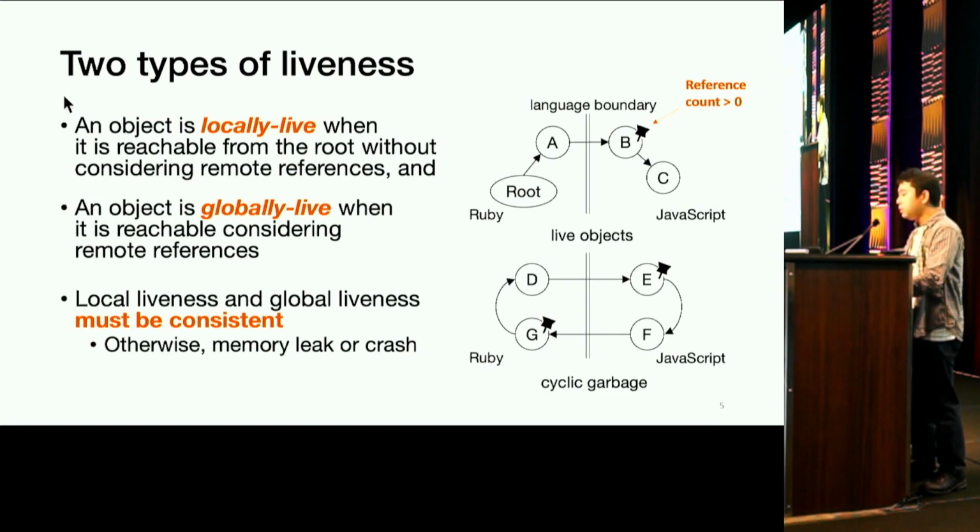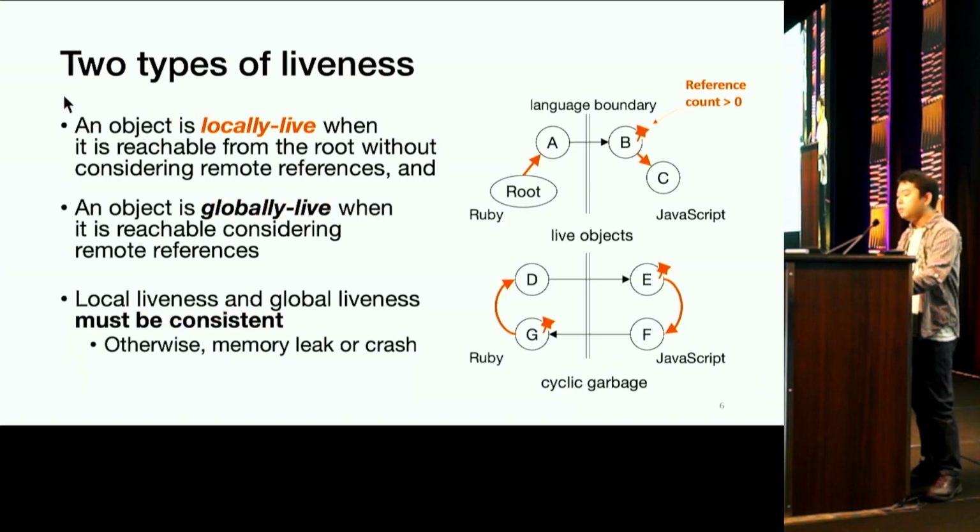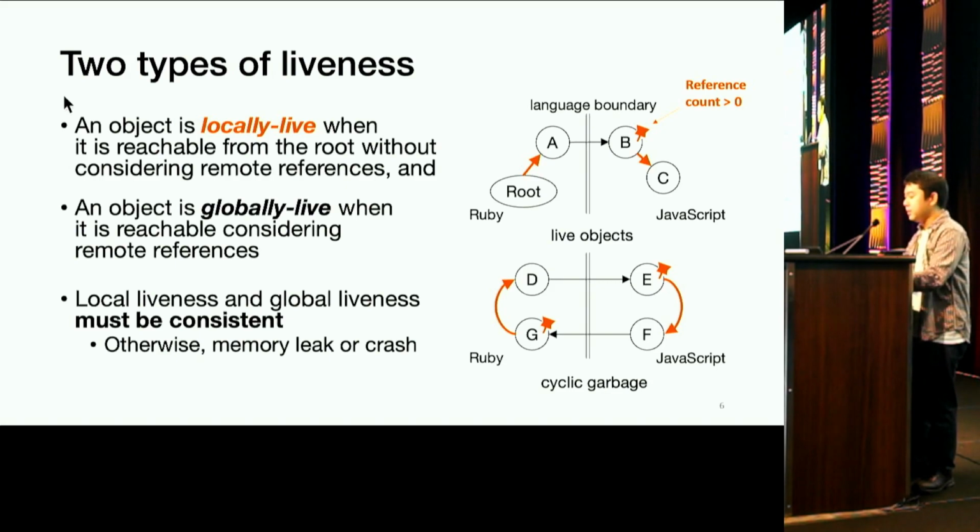So to collect such cyclic garbage, FFI must deal with two types of liveness, local liveness and global liveness. An object is locally live when it is reachable from the root without considering remote references. It considers only orange references in this figure.